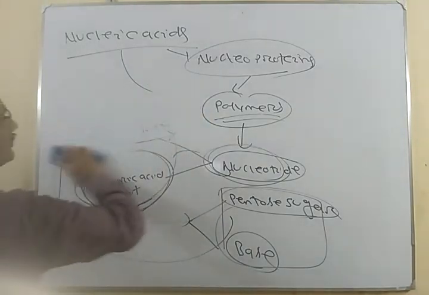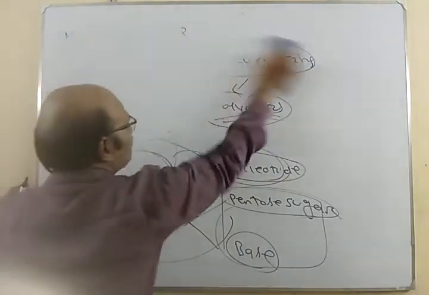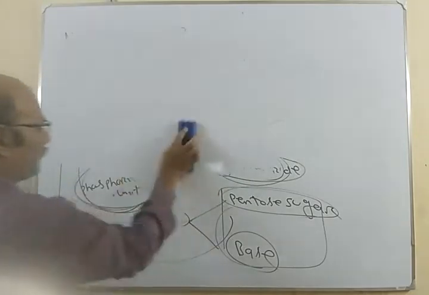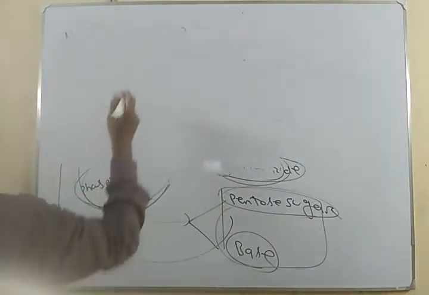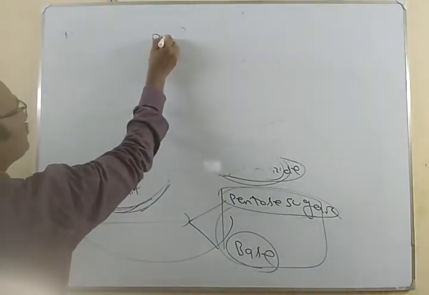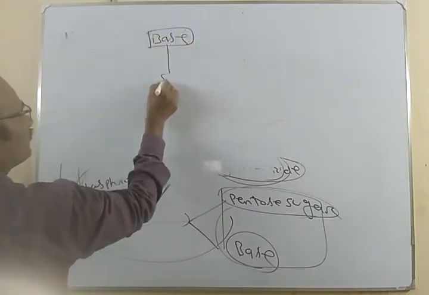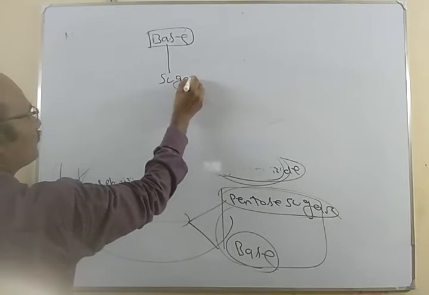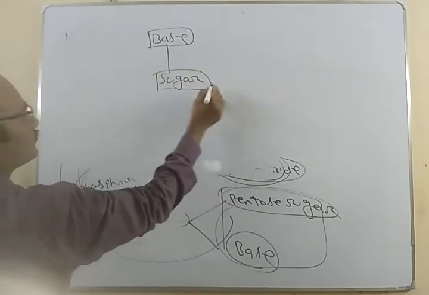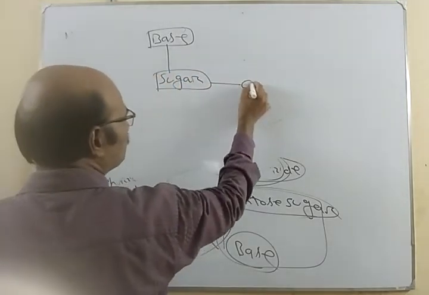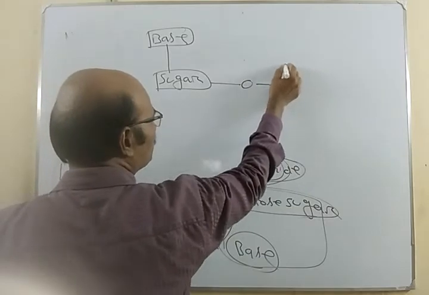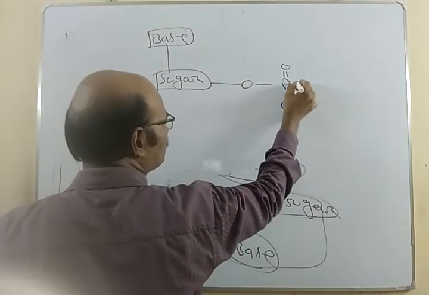So if I write it, I can write like this. I have a base, then a sugar, then O, P double bond O, O minus, OH.